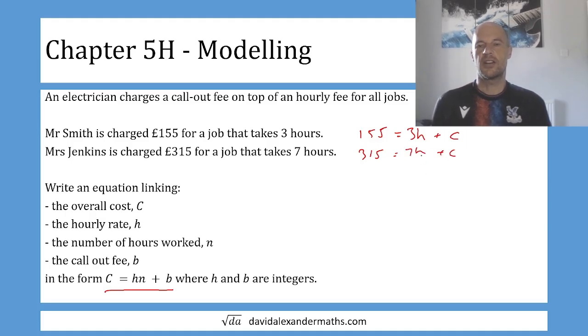So what I've got here are two simultaneous equations, and I've got the same number of C's in both. So if I write the 155 equals 3H plus C underneath, it's going to make the subtraction. Remember, with simultaneous equations, same sign subtract. So what is 315 take away 155?